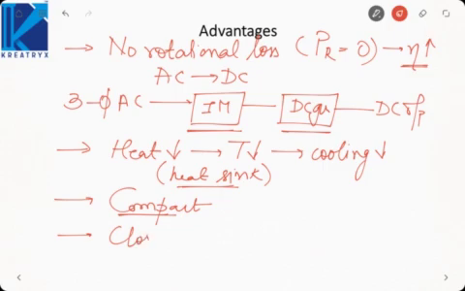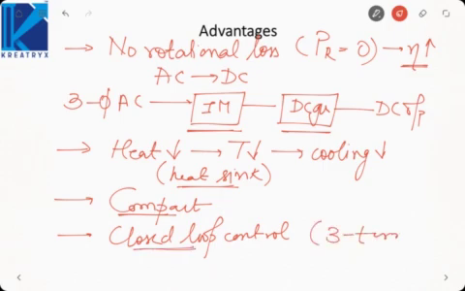Next is that we can implement closed loop control. Now, why is closed loop control possible in power electronics? Because of the 3-terminal devices. Usually the switches that we use in power electronics have 3 terminals. 2 are used to carry current from one point to another, and are called power terminals, whereas one other terminal is called the control terminal, which controls the power conversion.